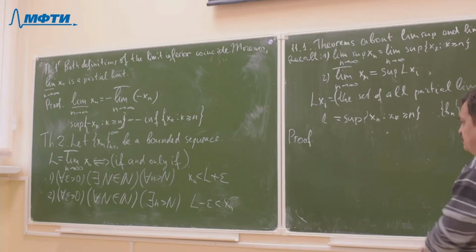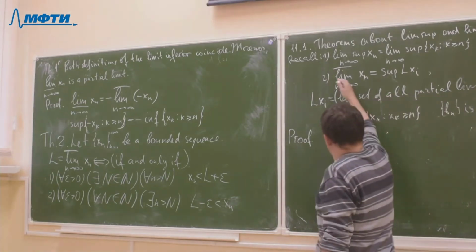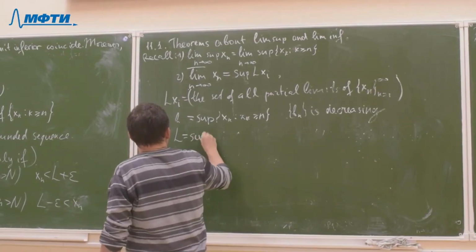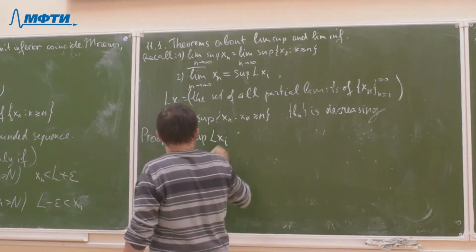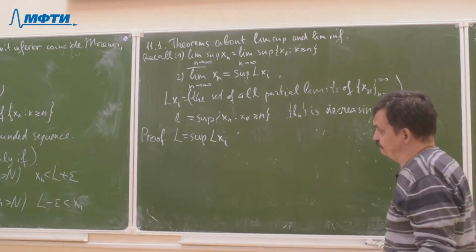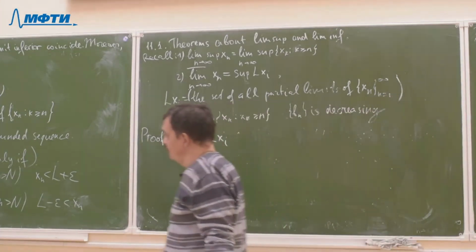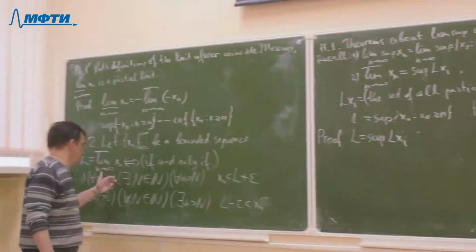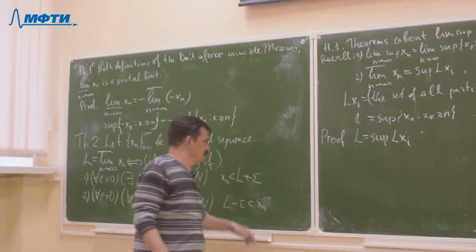Okay, let me use the second one. So L is the supremum of the set of partial limits, right? Then, look, let's prove the first assertion.